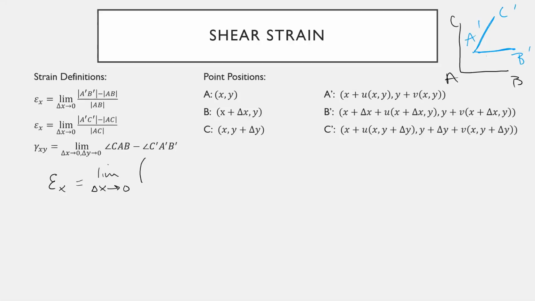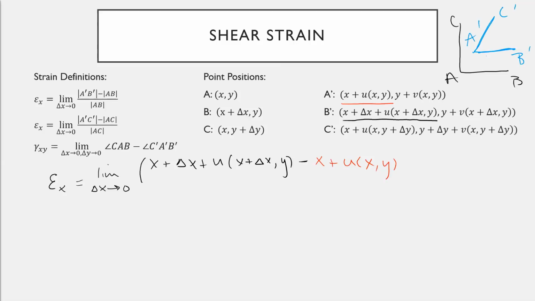Now remember, the distance between them is essentially just the x distance because that angle is considered to be so small. So I can take x plus delta x plus u of x plus delta x comma y, which is this component here, and subtract from that x plus u of x comma y, which is the x component of A prime. So I have B prime minus A prime gives me the length A prime B prime.